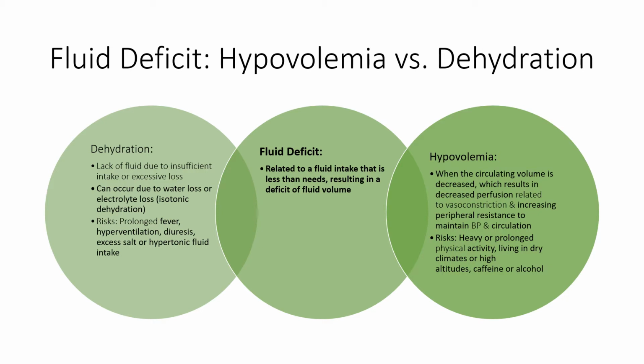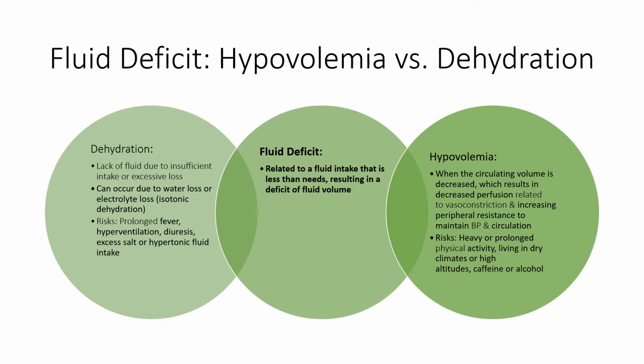Dehydration can occur due to water loss or electrolyte loss. If it's due to an electrolyte loss, this is considered isotonic dehydration. This can be from a prolonged fever, hyperventilation, diuresis, excess salt, or hypertonic fluid intake.